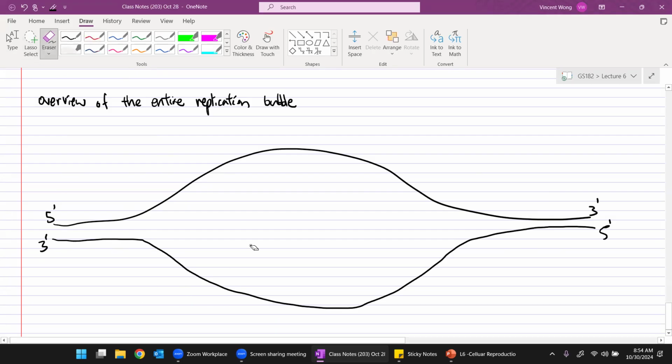We were looking at the left side of the fork, but basically the idea is this. You're going to put a primer here. I'm just going to label it for you one more time. This is an RNA primer. And polymerase 3 will go this way. And remember, 5 to 3.